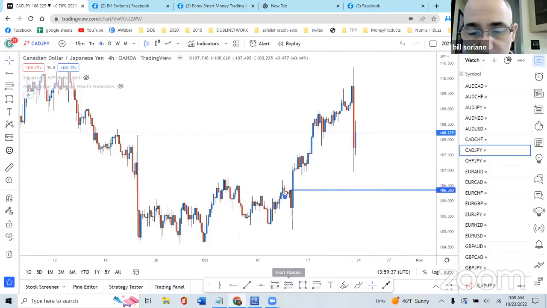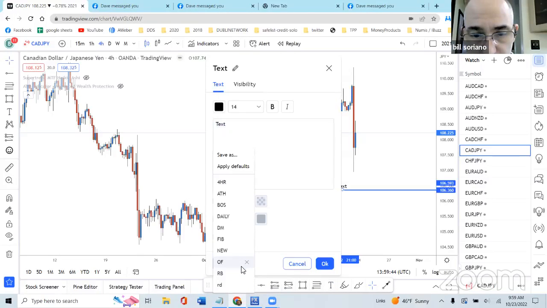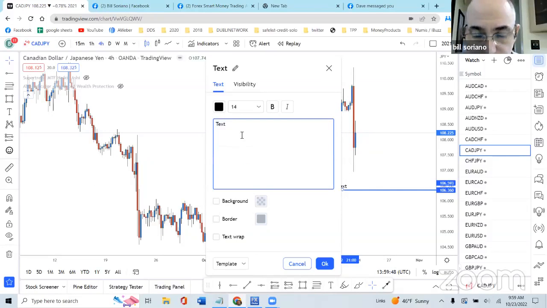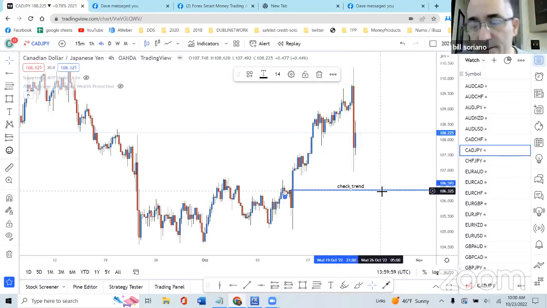So what we're going to do is we're just going to mark here. Check trend. Okay, so if it comes down here, depending on how it comes down, right?